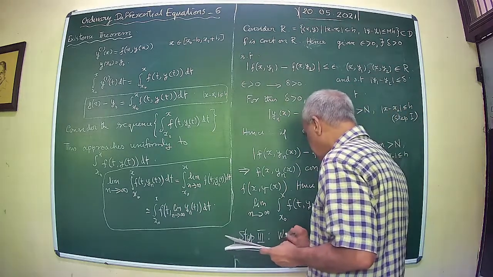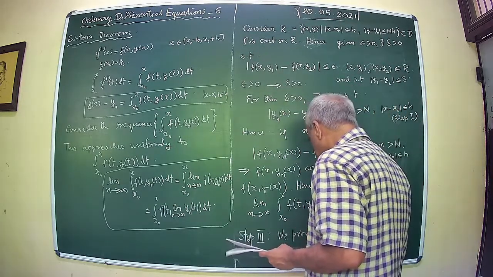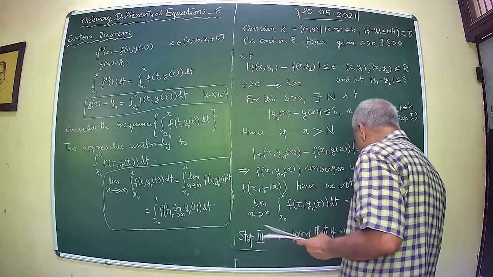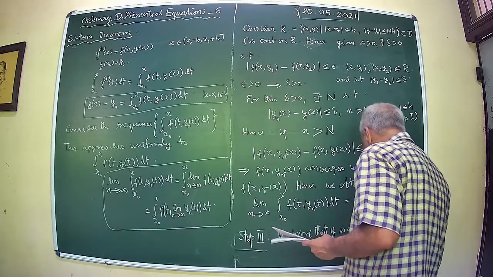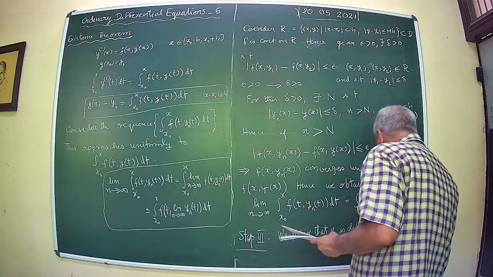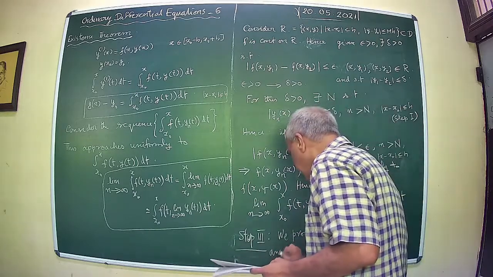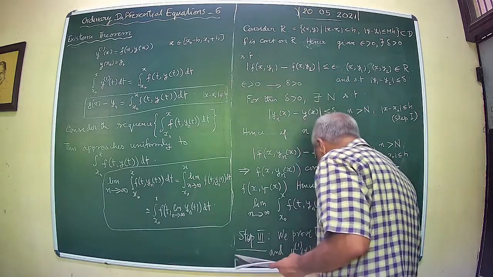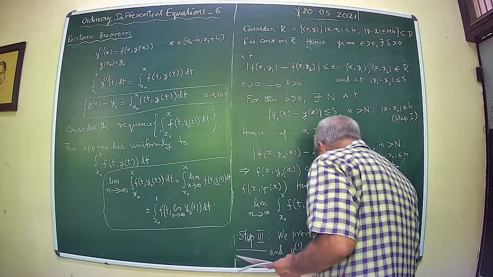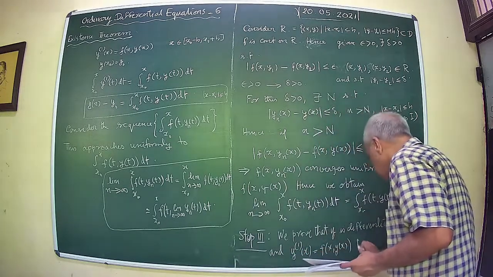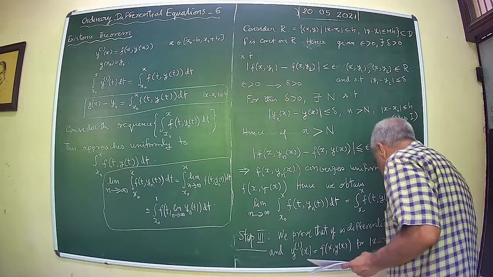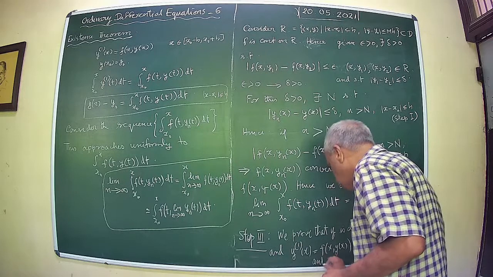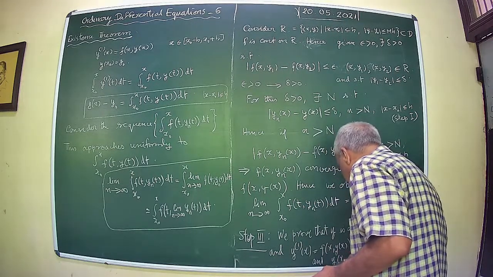So, we prove that y is differentiable and y derivative, and also y of x naught equal to y naught.